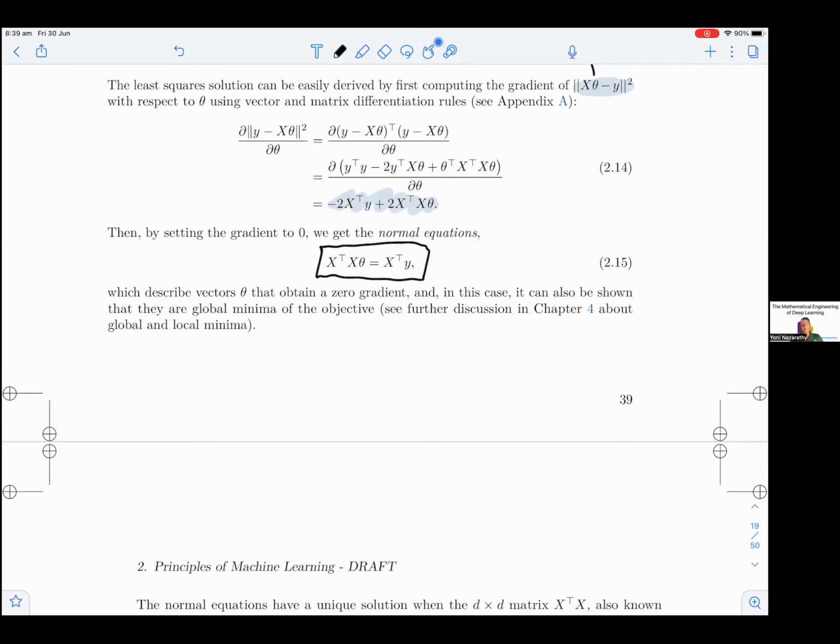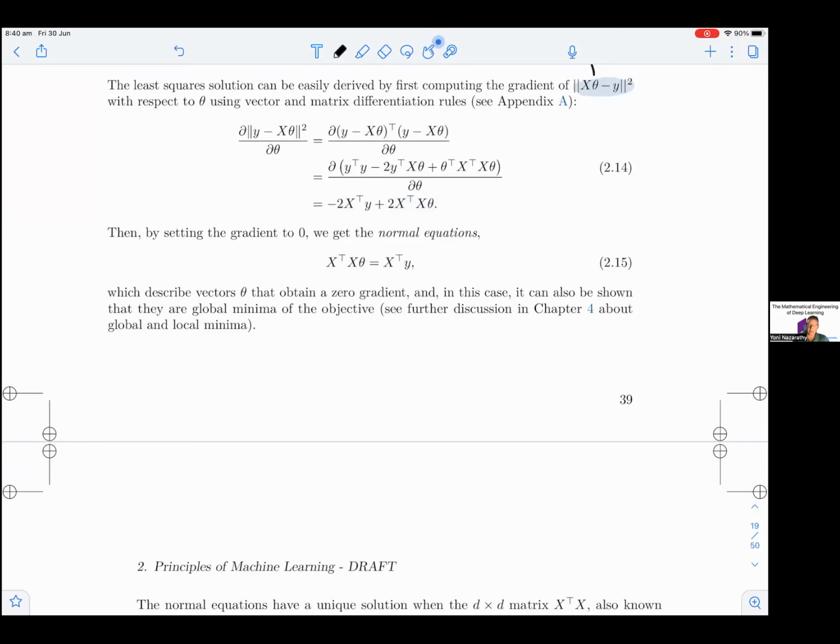These equations for the unknown vector theta are called the normal equations. Maybe there's more than one solution, so that's a vector theta that obtains a zero gradient. In this case, it can be shown that they are global minima of the objective. See also the discussion in chapter 4 about global and local minima.